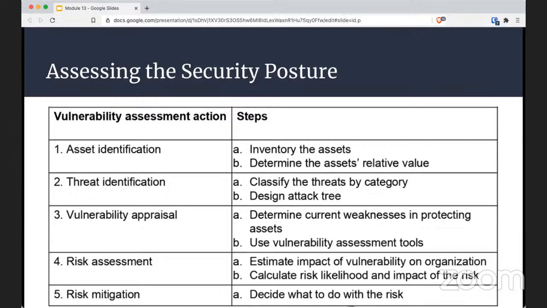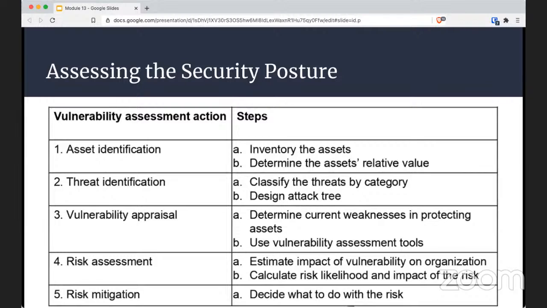Here are some basic steps of a basic vulnerability assessment. Identify what assets we are going to talk about, identify the threats that tie into those assets, do the vulnerability appraisal, determining the weakness and what we're going to use, determine the risk of that vulnerability that we found caused by the threat on the asset, and then how do we mitigate the threat?